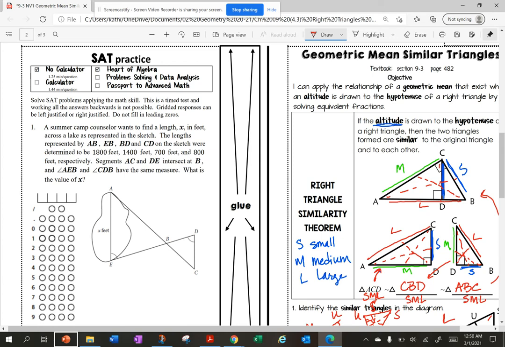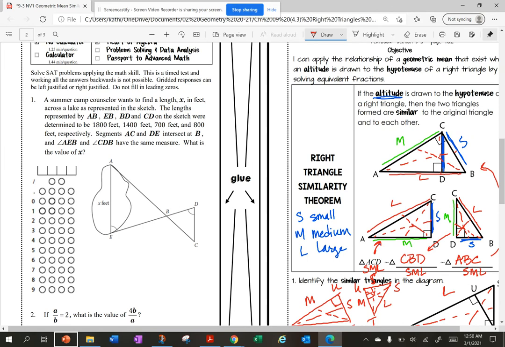A summer camp counselor wants to find the length x in feet across the lake as represented by the sketch. So I'm trying to find this distance. The lengths represented by AB, EB, BD, and CD in the sketch were determined.